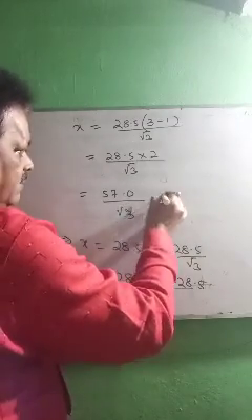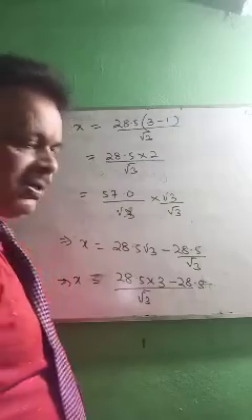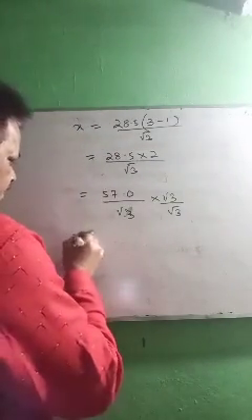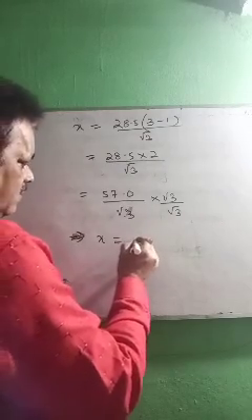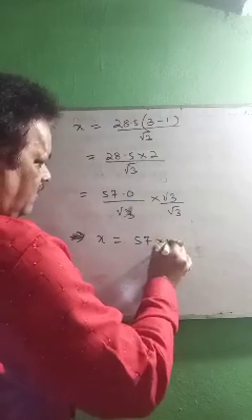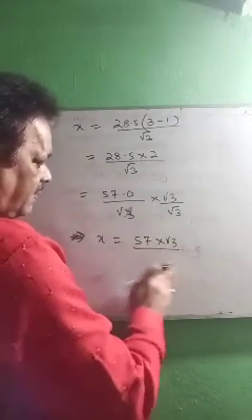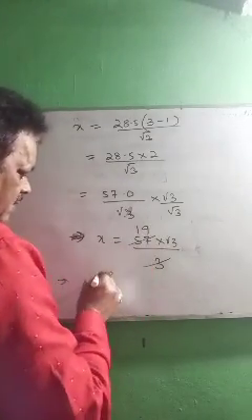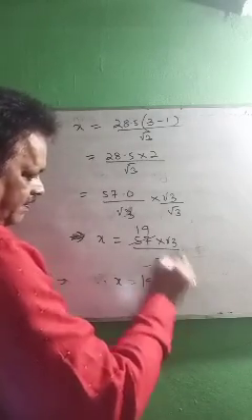Okay, rationalize. So if you rationalize, what will you get? X equals 57 into root 3 by root 3 into root 3, by 3. Root 3 into root 3 is 3. 3 cancelled here, 19. Therefore X equals 19 root 3 meter.